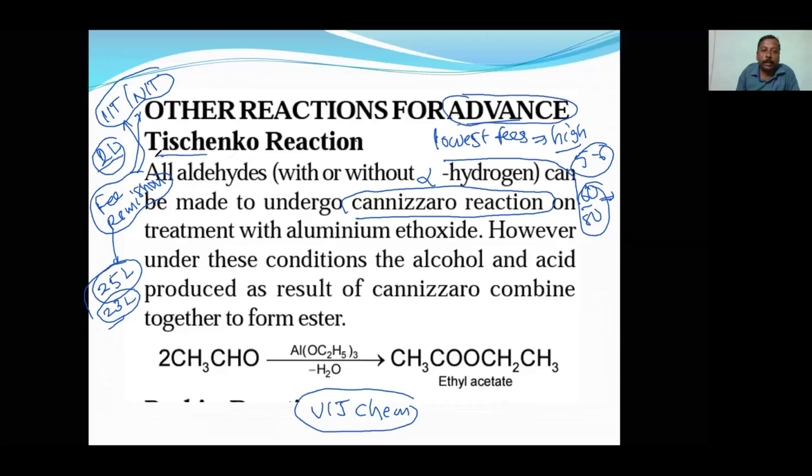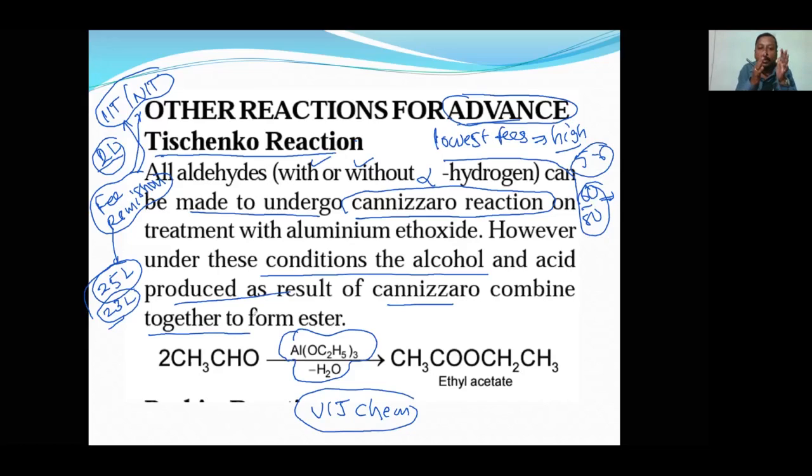This is the Cannizzaro reaction. All aldehydes, whether they have or don't have alpha hydrogen, no problem, can be made to undergo the Cannizzaro reaction with treatment with aluminum ethoxide. However, under these conditions, the alcohol and acid produced as a result of the Cannizzaro reaction combine together to form an ester.